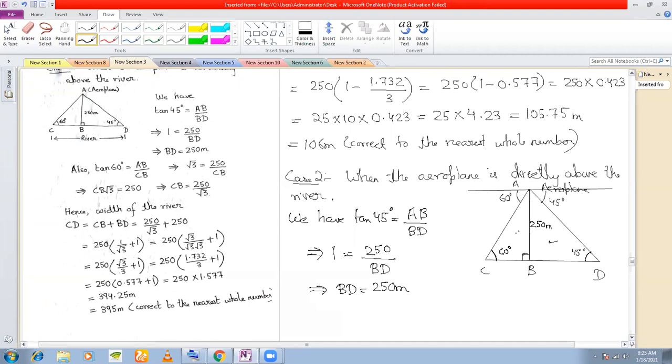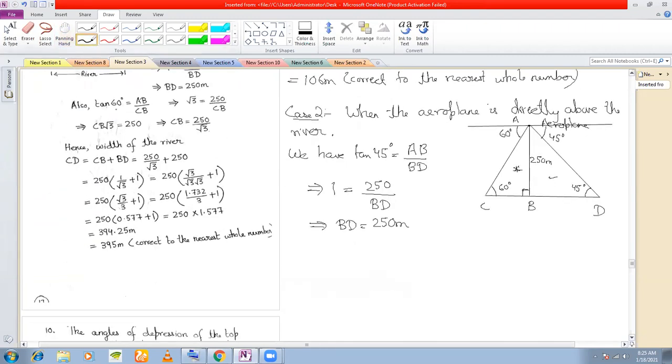Once we have considered this, now we shall consider this right angle triangle. That means tan 60 degree is equal to AB by CB. That means root 3 is equal to 250 by CB.